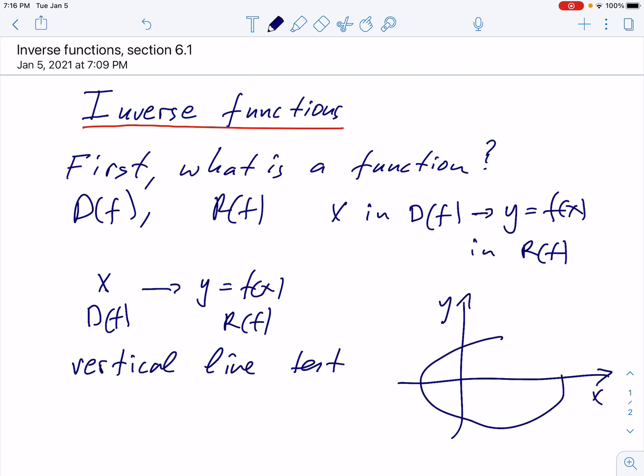This graph, as drawn here, does not define a function, because if you take one x somewhere here, and you take a vertical line, it cuts in two different places, and there will be two different y's corresponding to this x, two different levels.